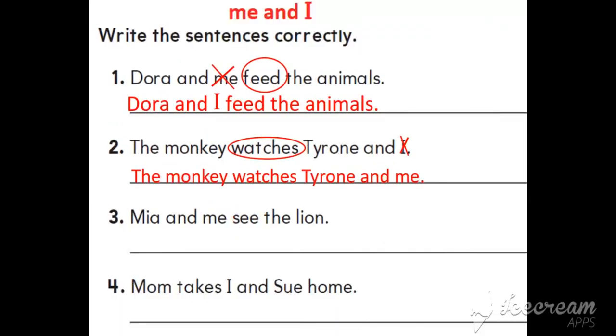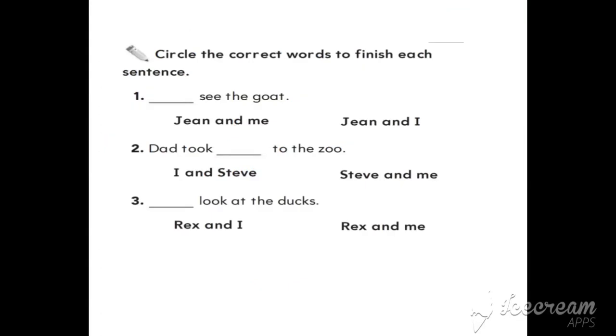I want you to search for the action word in each sentence and decide, are you going to use I or me? In the second part of your homework, you are going to circle the correct words to finish each sentence. So in number 1, the first thing that we are going to do is to look for the verb or the action word.